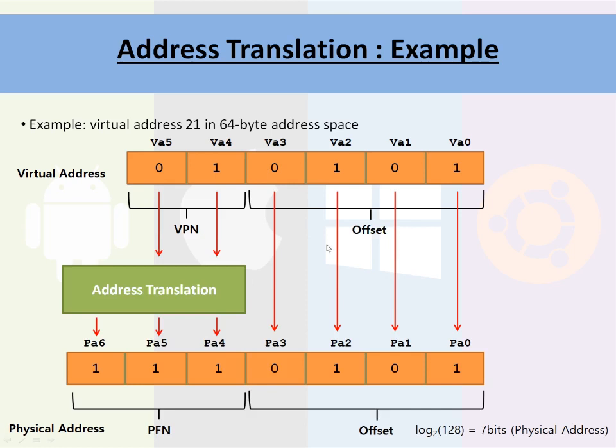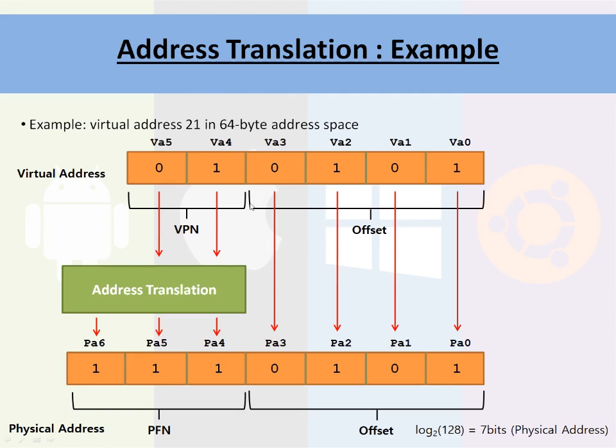So, some things to note when we're doing the translation. We must remember that our page frame and our pages are the same size, but the size of physical memory and the size of the address space is not the same. So that's where the translation occurs.